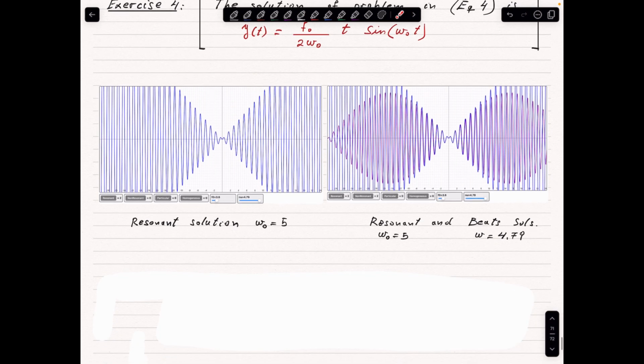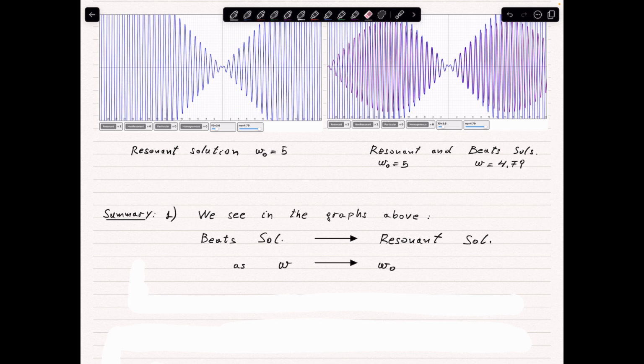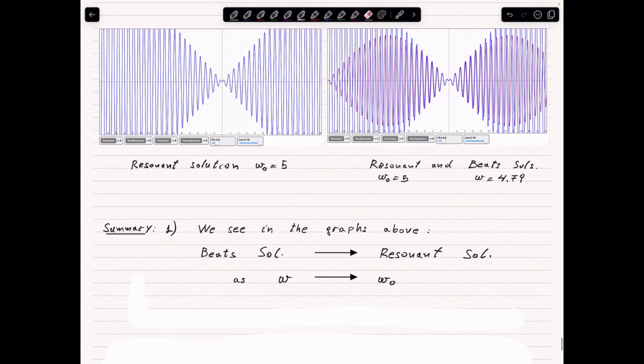So, in summary, we see in the graph above, let's put it in writing, the beats solution approximates the resonance solution when the driving frequency approaches the natural frequency, from these two pictures.